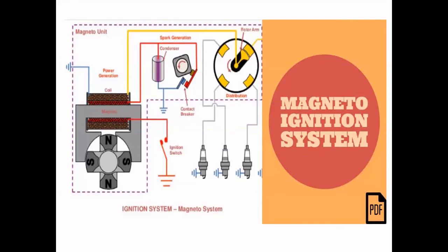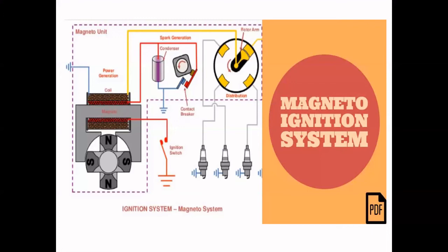Once the engine speed is more, the rotor magneto rotates at higher speed and produces more current, then the ignition system will pick up and be fast enough to ignite at the correct time inside the combustion chamber.